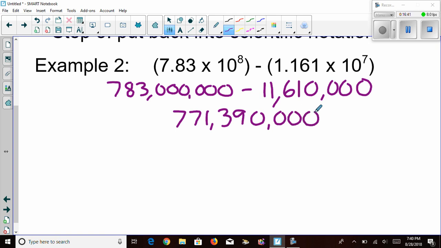And now I'm going to change this into scientific notation. When we look at this number, I said 771 million. I think we can agree that this number is greater than 1, so I'm going to have a positive exponent.